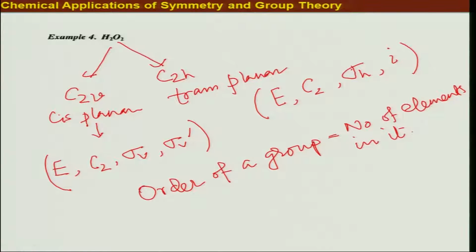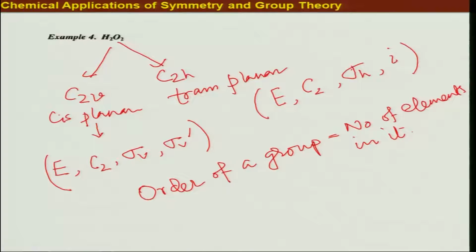In case of symmetry point groups also, when you have found all the symmetry operations belonging to that particular group, you form a closed group, and the number of such symmetry operations, including identity, will give you the order of the group.